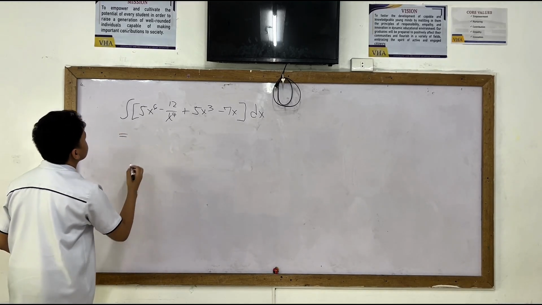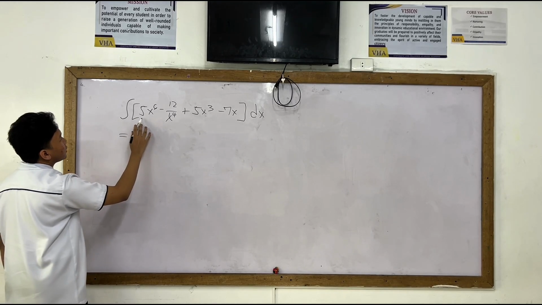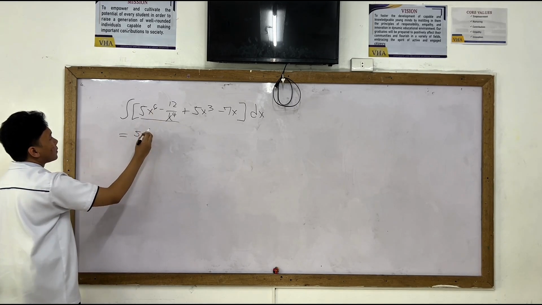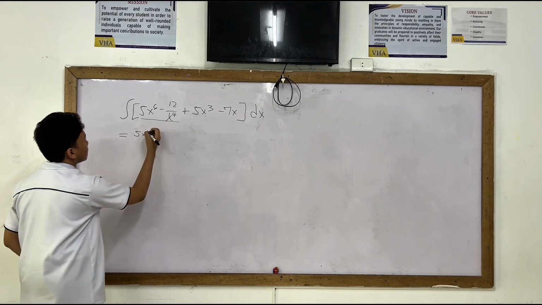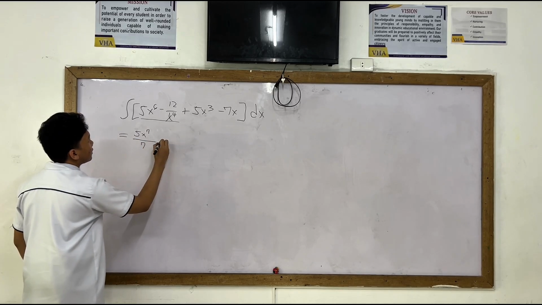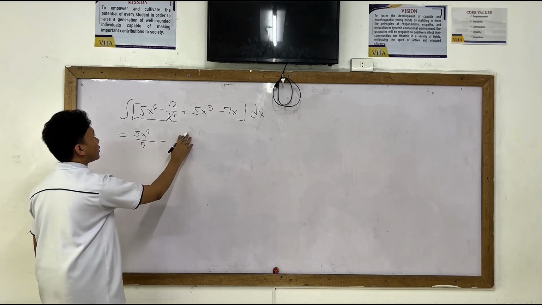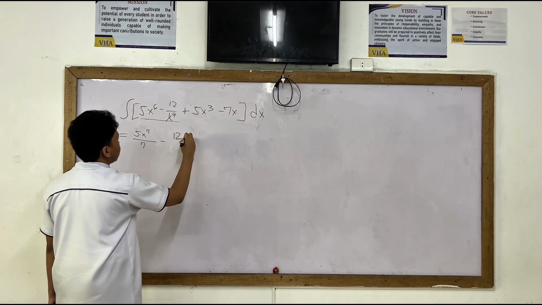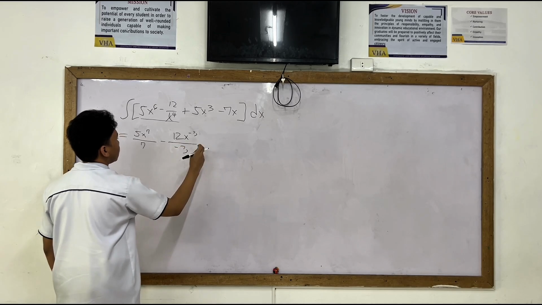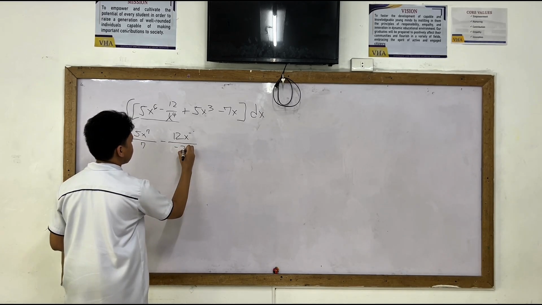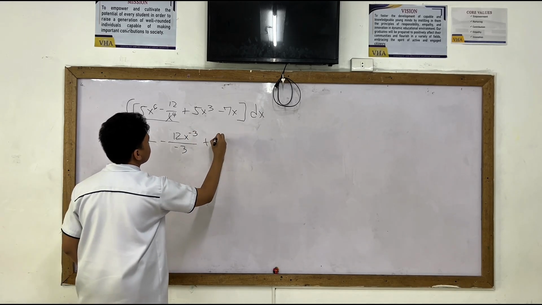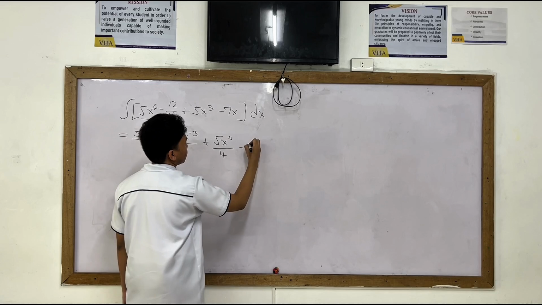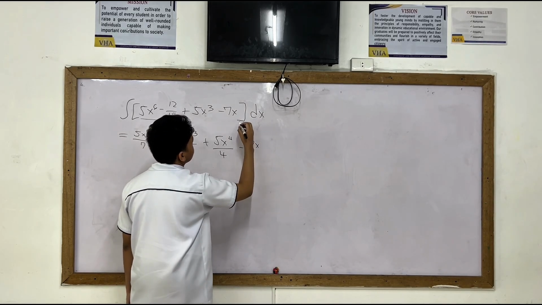Here, we'll just integrate this. So it will be 5x raised to 6 plus 1, 7, over 7, minus, here, the earlier we did, x to the minus 3 over minus 3, plus 5x raised to 4 over 4 minus 7x, 1 plus 1 is 2.